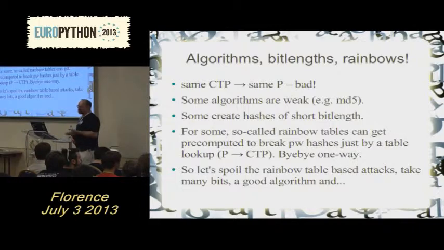Often they are rather big, so very many gigabytes or even terabytes of stuff. But if you have some fast means to use them, it's just like a database lookup. So it's not slow. You can break it easily. And many people are aware of this stuff, and there is a solution against this rainbow table attack.